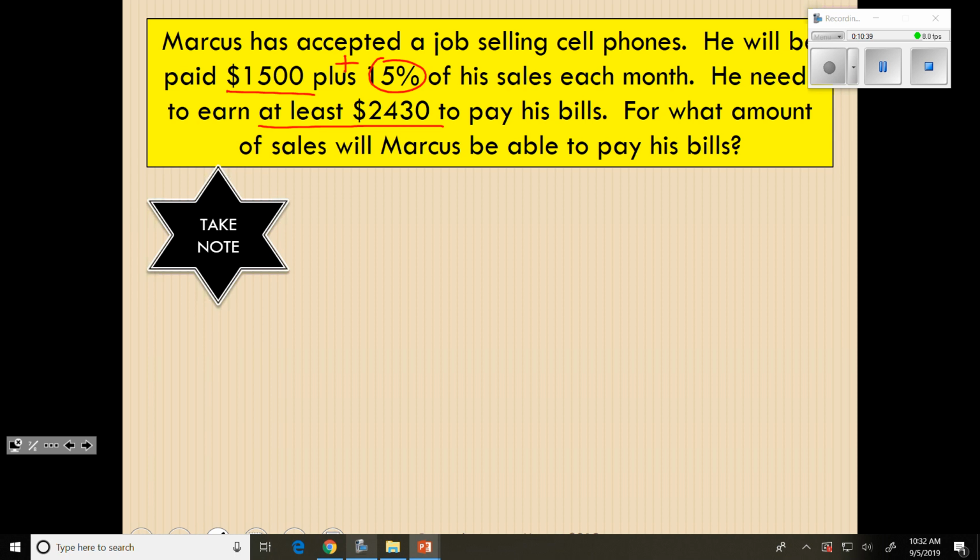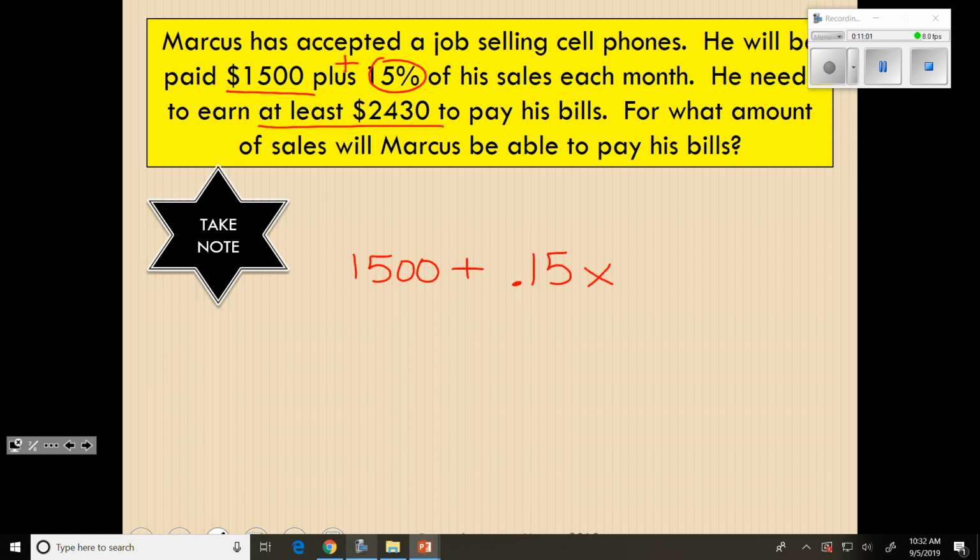Let's think about the equation. He will be paid $1,500 plus 15% of his sales. We turn the percent into a decimal. Now, the amount of sales is the unknown that we're looking for because that's the question. For what amount of sales will Marcus be able to pay his bills?